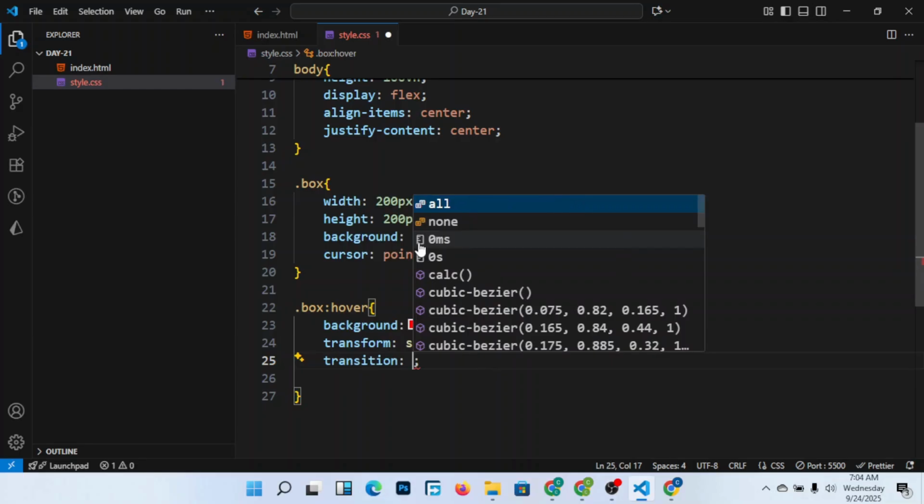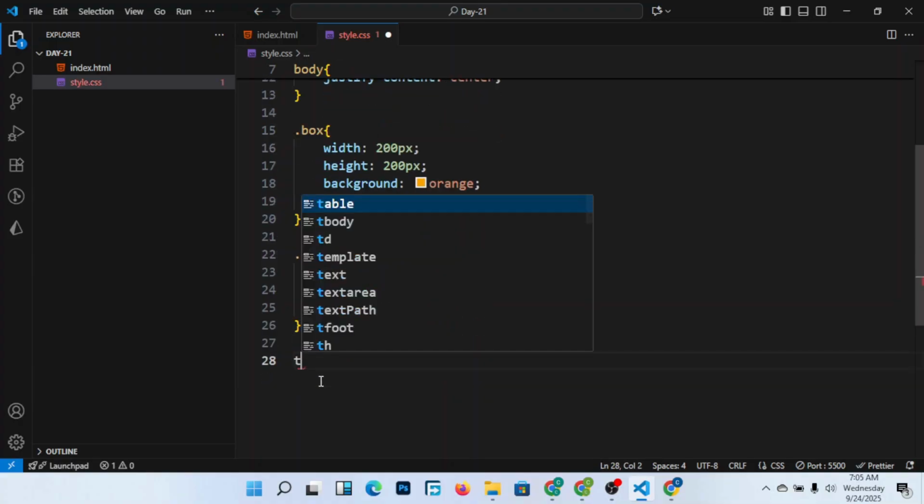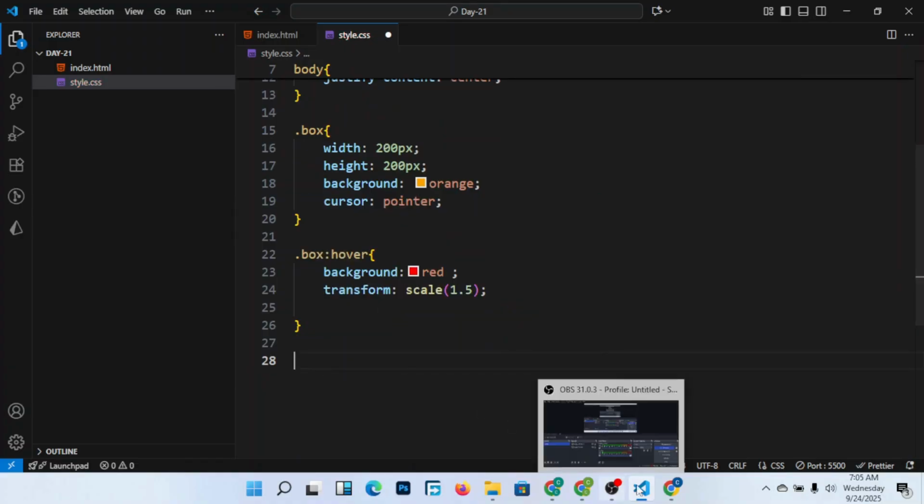Transition, background, 0.4. I don't know whether what I'm doing is right here. Let me first come here and see the transition. No. First pause.